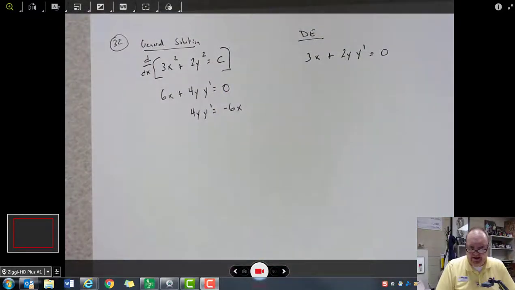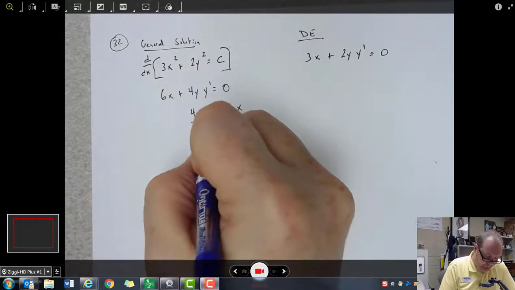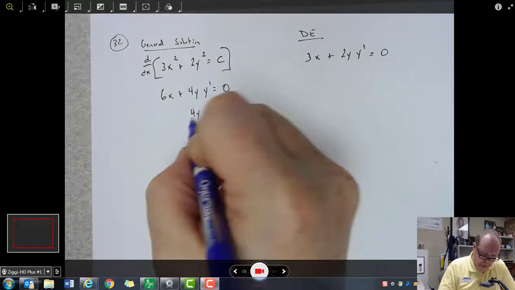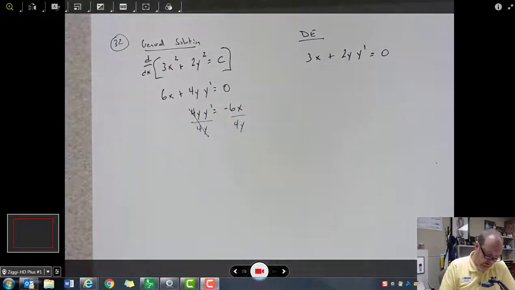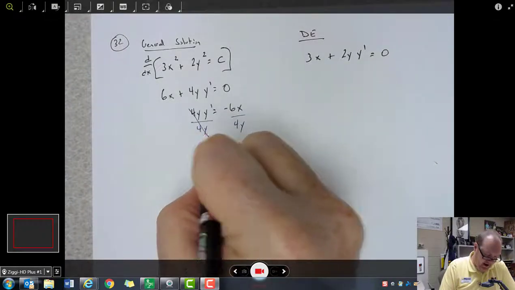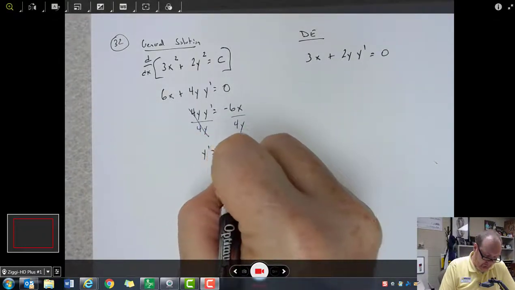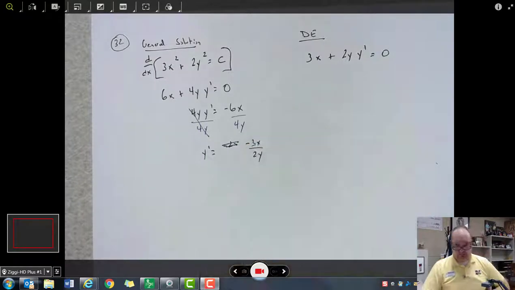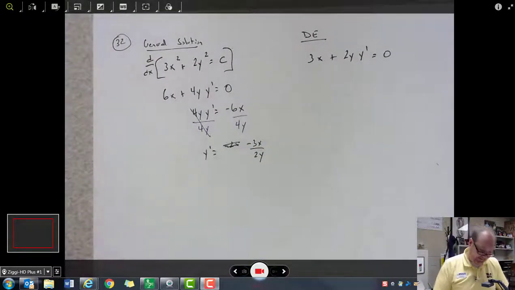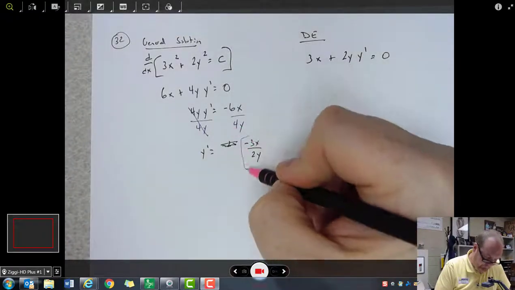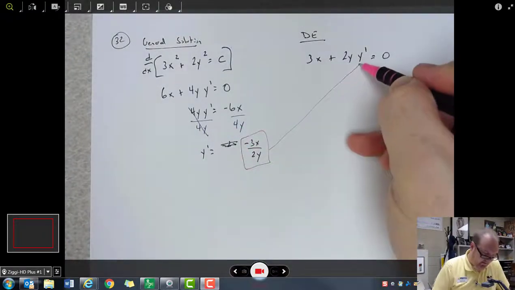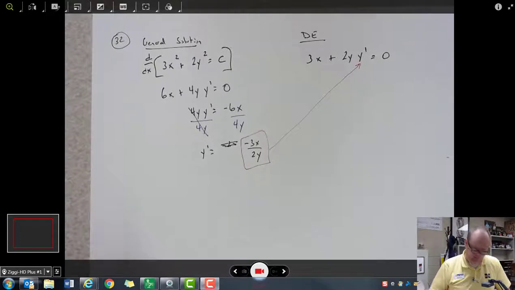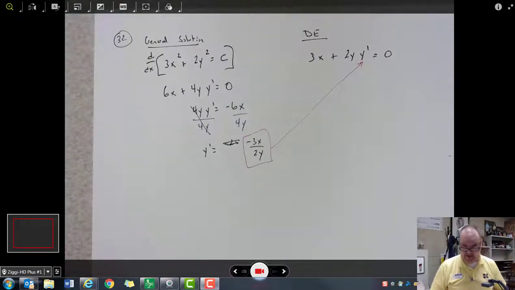So I'll move 6x to the other side and divide both sides by 4y. It looks like y prime is a negative 3x over 2y. So again, I'm going to take that and plug in up here, and we'll see does it satisfy that or not.